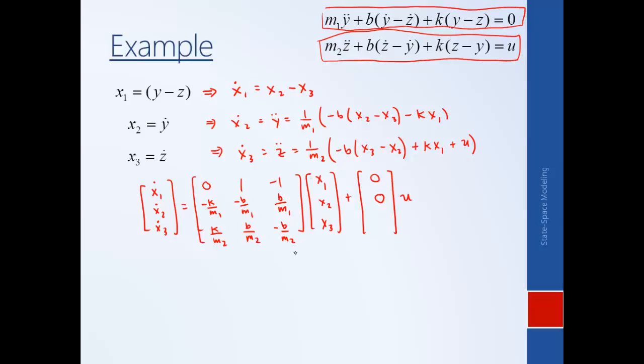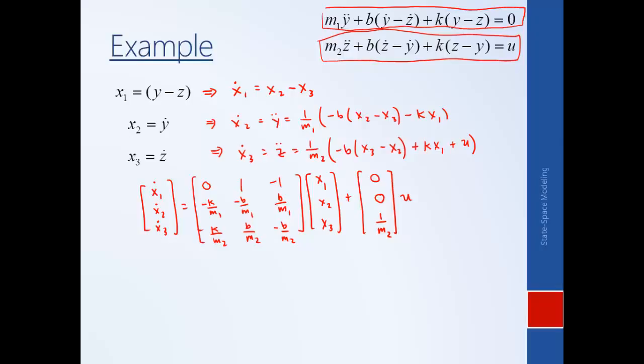So that completes my A matrix. For the B matrix, I have a coefficient for my input u as just 1 over m2. And so that defines my B matrix. So this matrix equation captures our state equations.